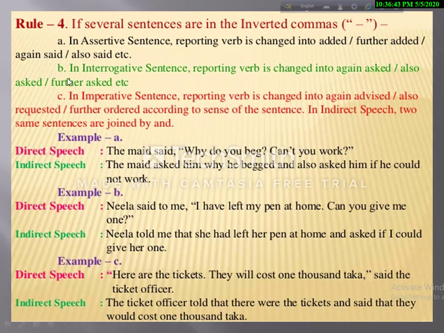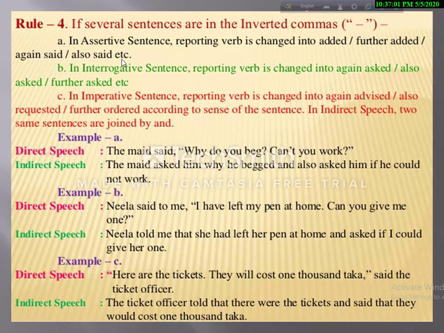In an assertive sentence, the reporting verb is changed into added, further added, again said, also said. So these are the additional verbs that you will use to write the rest of the sentences.